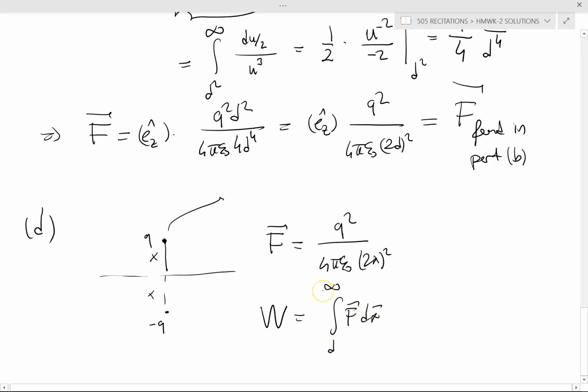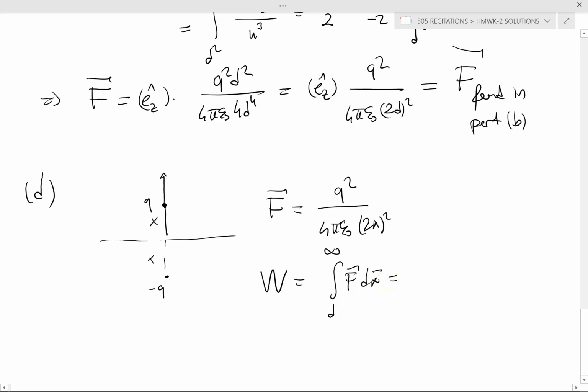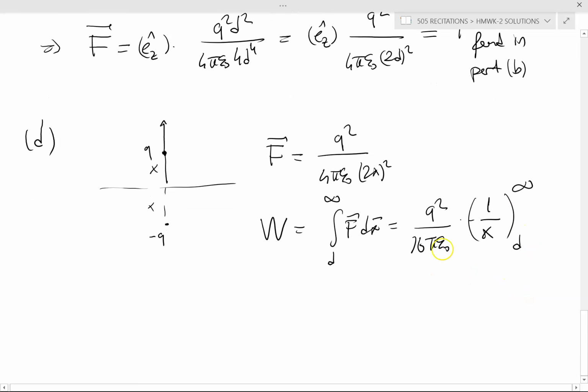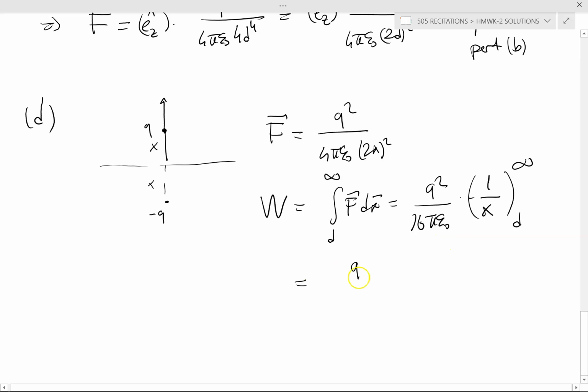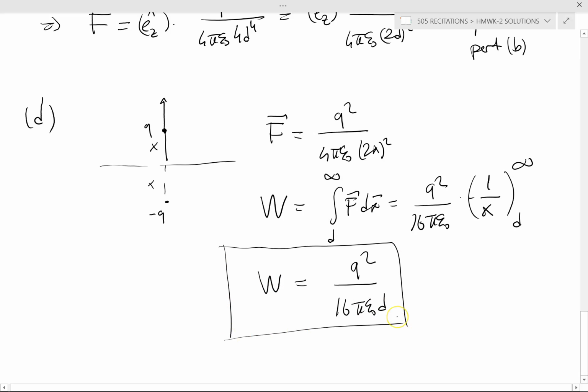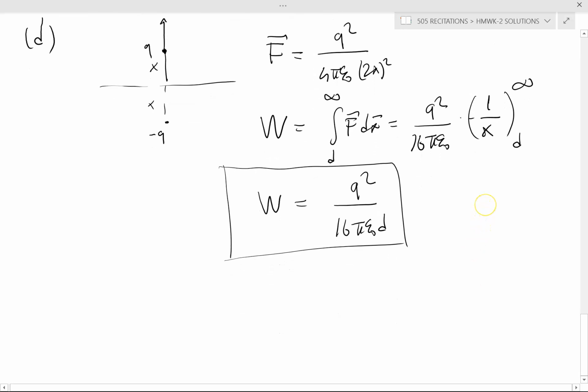Let me use this path, it's better, and we can re-express it as q² divided by 16πε0 times minus 1 over x, from d to infinity, which just turns out to be q² divided by 16πε0 d. This is how much work we need to do on the charge in order to make it free from the interaction of the conductor surface.